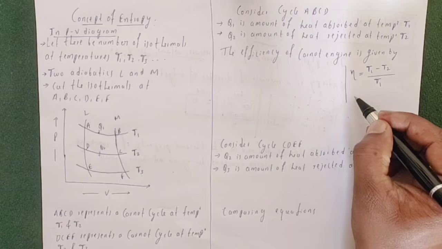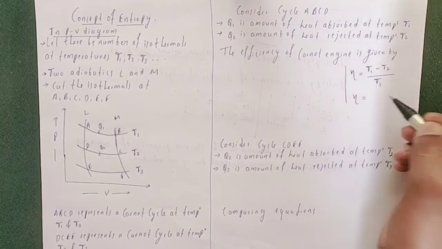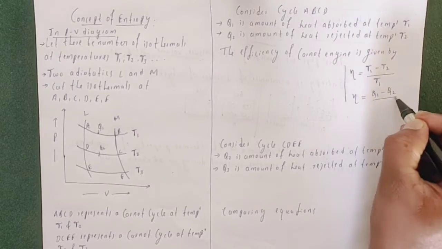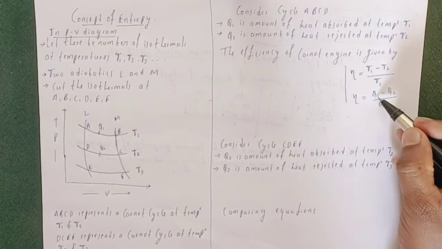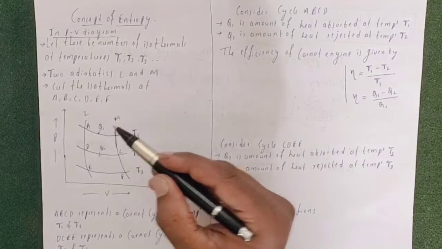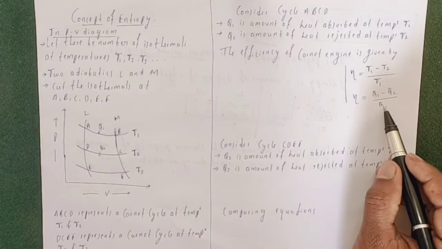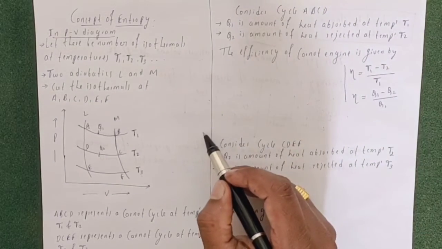And also we know the efficiency relation, eta equals Q1 minus Q2 divided by Q1, where Q1 is the amount of heat added to the system and Q2 is the amount rejected by the system.